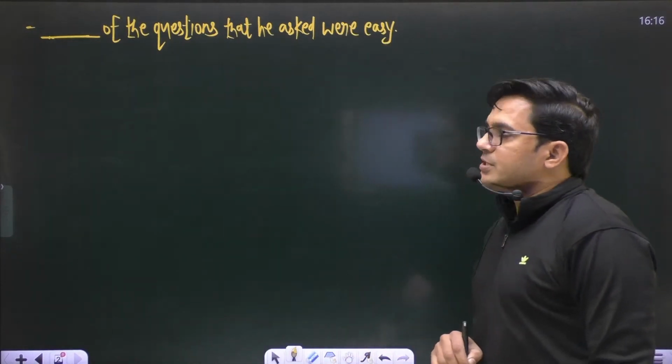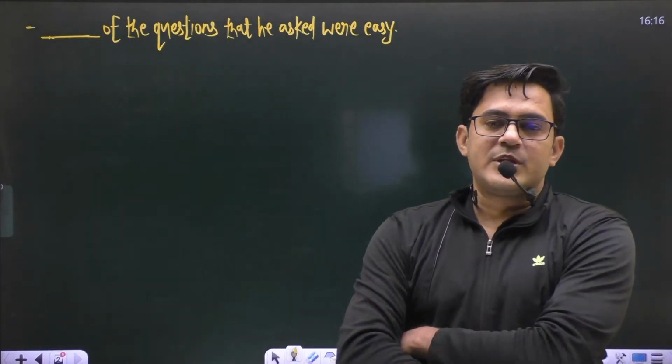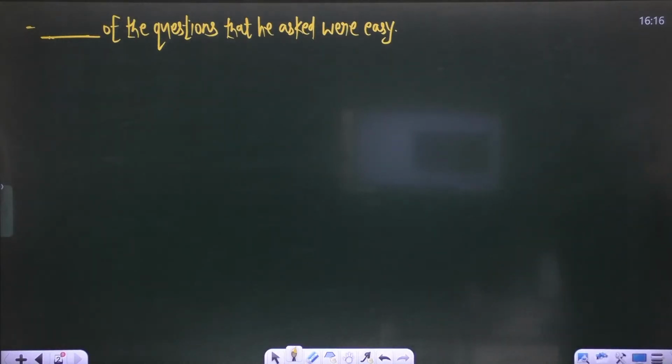How can you improve this sentence? "Blank of the questions" means I'm talking about a plural noun, a countable noun. So few, a few, the few. What do you think can be the right answer?